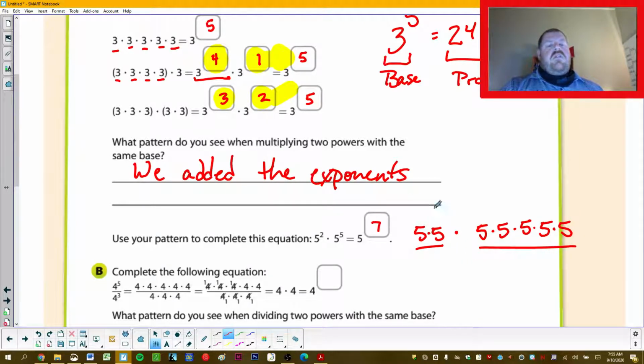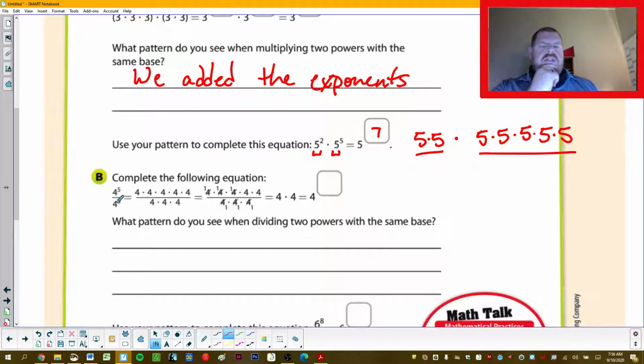Well, I have 7 of them. So the idea there is that when we multiply two things that have the same base, we add their exponents.